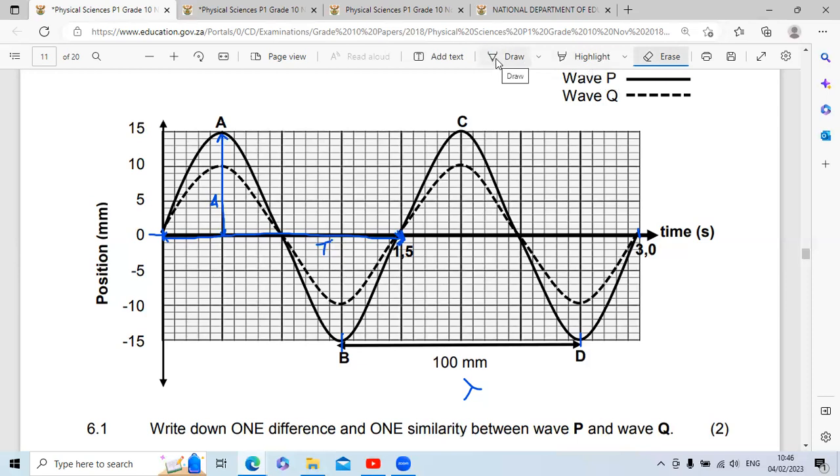Anyway, can you try to explain that? You said that the periods are different. Sorry, the time it takes to complete the waves is different. Can you tell me why you're saying that? Just try to put it in words.